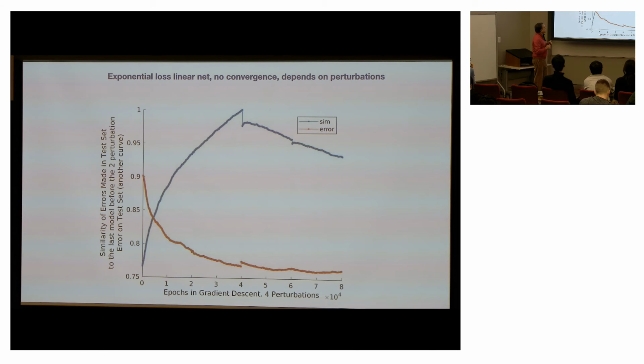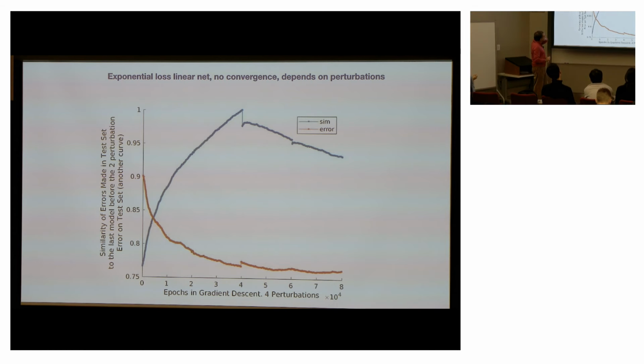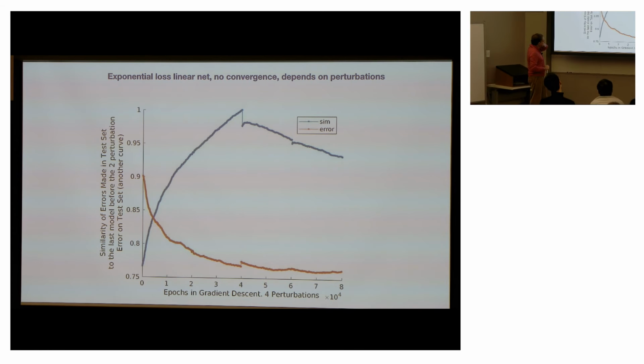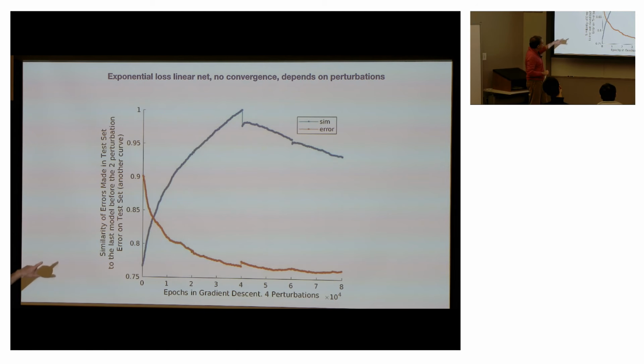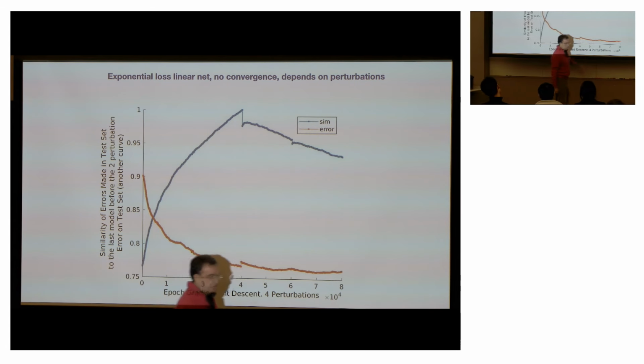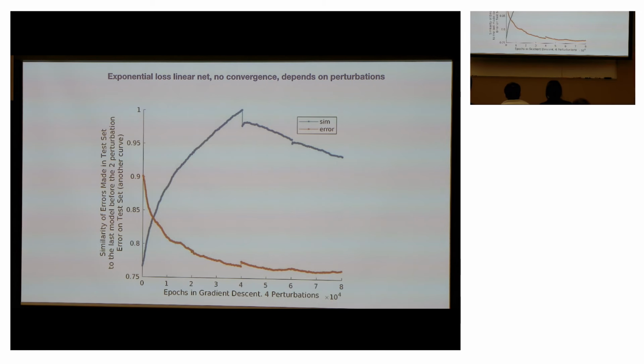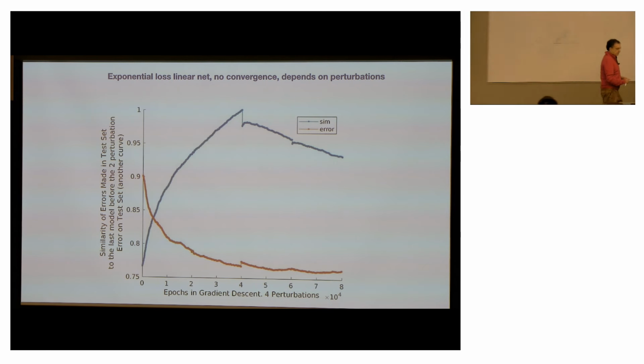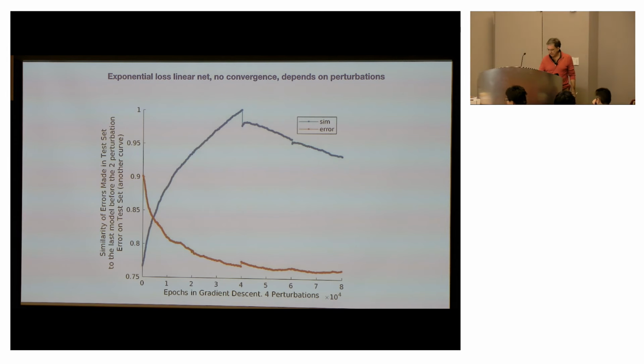So I think the pattern of error is the blue one, and this is actually the percentage of error. So the pattern of error is a much more sensitive measure of whether you get the same function or not. And this is in the standard case, so it depends on the perturbation.